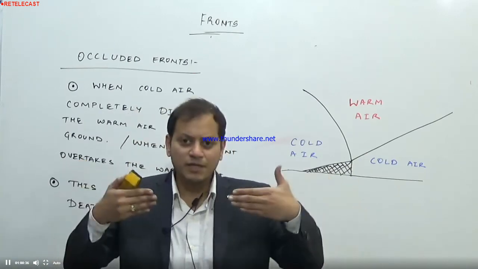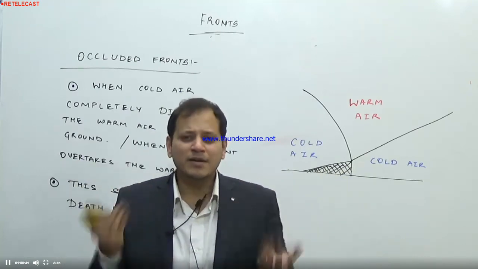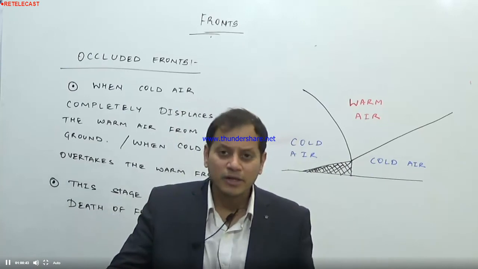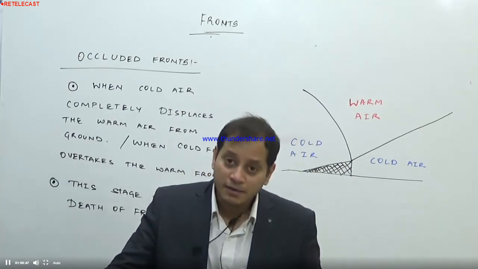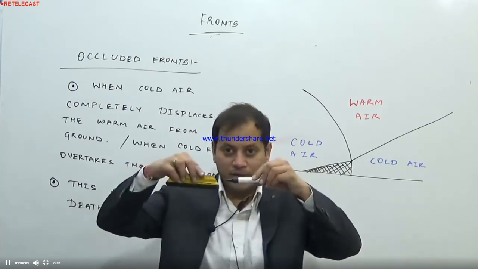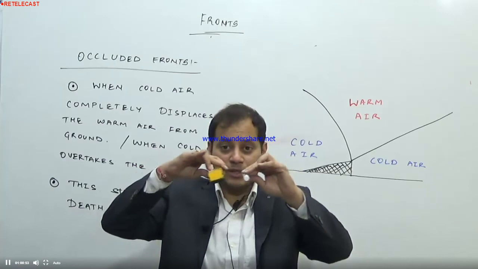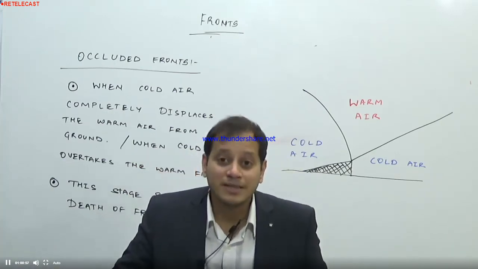So instead of convergence, they start flowing parallel to each other. Such a front does not occur all the time. It occurs only for a temporary period of time. So in the area where convergence should be, instead they flow parallel to each other. Such a temporary front is known as a stationary front.